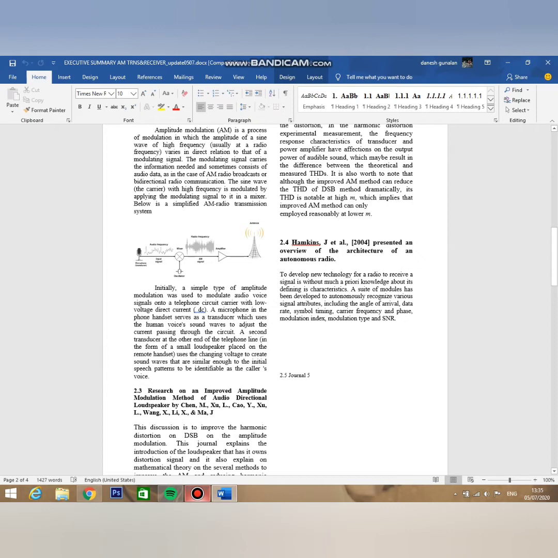Hampkins J., 2004, presents an overview of the architecture of an automotive radio, to develop new technology for radio to receive a signal without much prior knowledge about its characteristics. A suite of modules is developed to autonomously recognize various signal attributes, including the angle of arrival, data rate, symbol timing, carrier frequency, phase modulation index, and also modulation type and SNR.